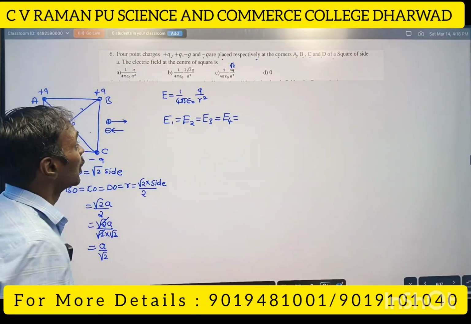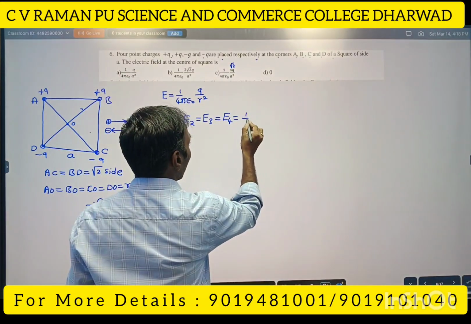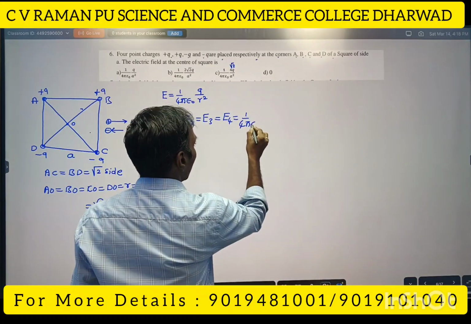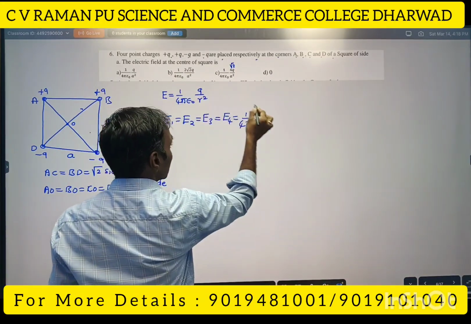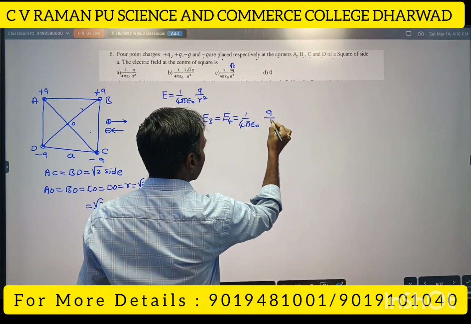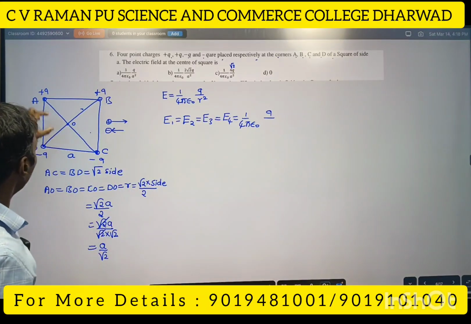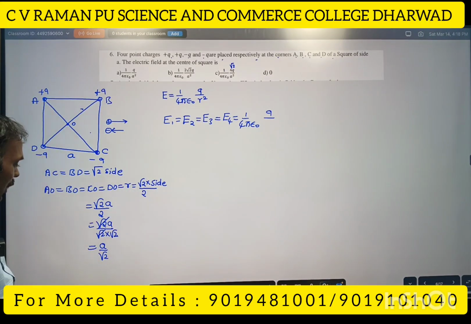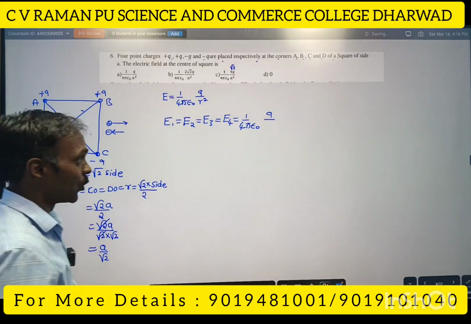All are equal and those are given by the formula 1 upon 4 pi epsilon naught charge will be Q as it is. What is the distance of AO, BO, CO, DO? The distance is A divided by root 2.